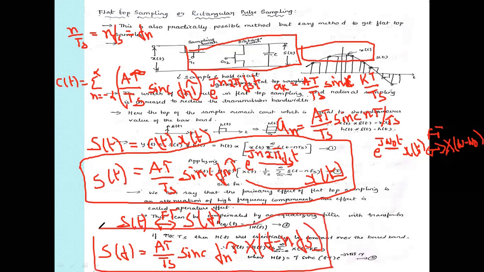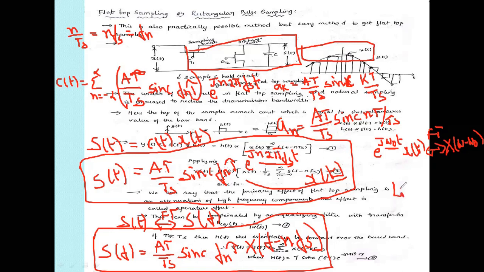This is the frequency domain of the signal x of t in natural sampling. There are some limitations in instantaneous sampling. In ideal sampling, the pulse width is 0, and due to the infinite energy, the noise interference is very high.